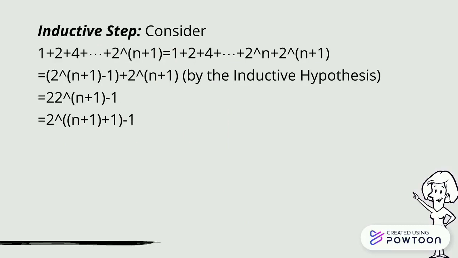By using the inductive hypothesis, we arrive at 2^(n+1) - 1 + 2^(n+1), which is equal to 2 * 2^(n+1) - 1. So we have 2^((n+1)+1) - 1.